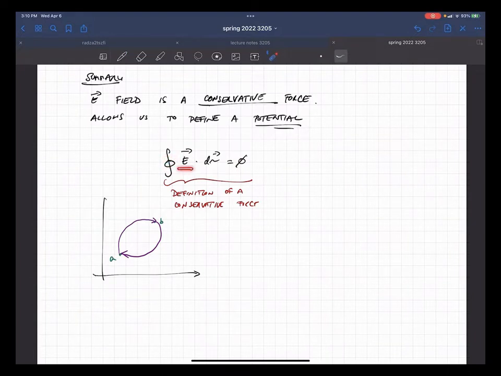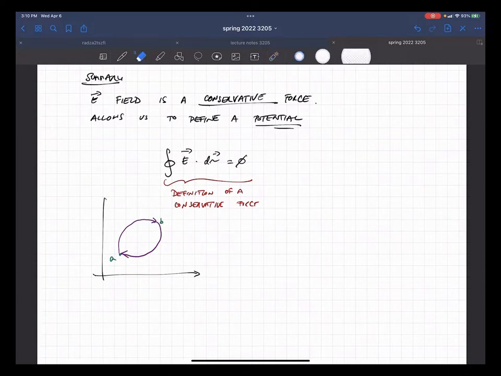If you take the dot product of the electric field with the direction of travel, it's going to be 0, meaning that if you travel to that point and come back, this integral is going to give you a 0 value. It's the definition of a conservative force.